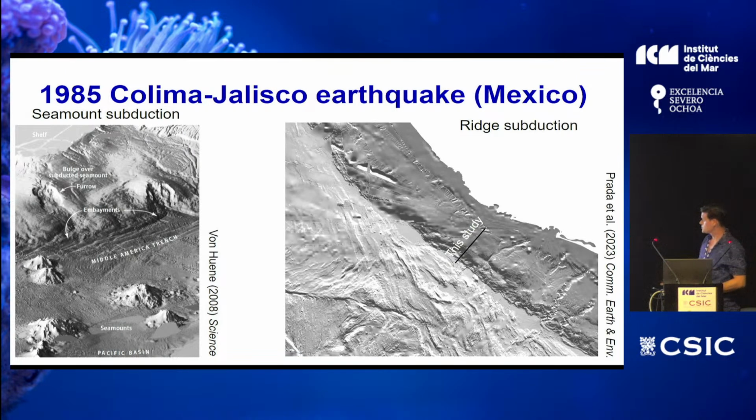Now the difference with our region is that the pattern of erosion is widespread along the margin, and no clear embayments are observed. Rather, the margin is eroded similarly along the trench, which is in contrast with the presence of a localized topographic anomaly.